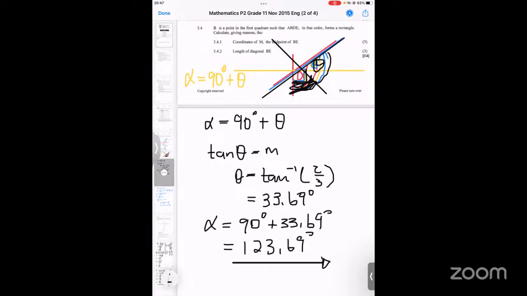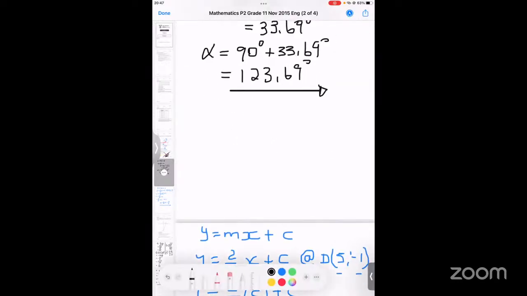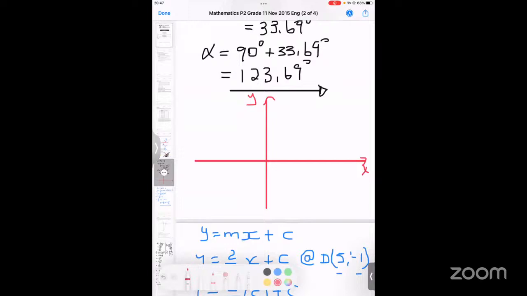Let me try to re-explain. Yeah, it looks like it's a tricky one, but let me do this. So this is a Cartesian plane. We have x and then we have y. So this is what happens, Naledi.